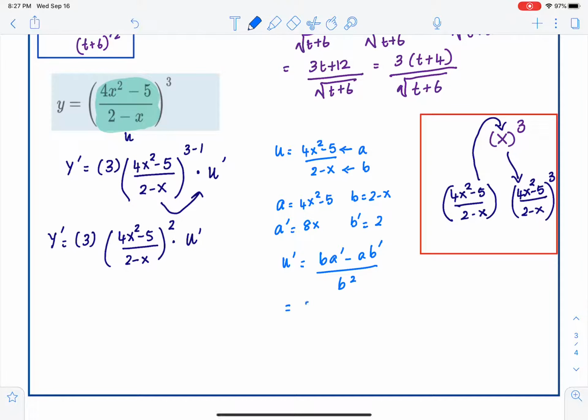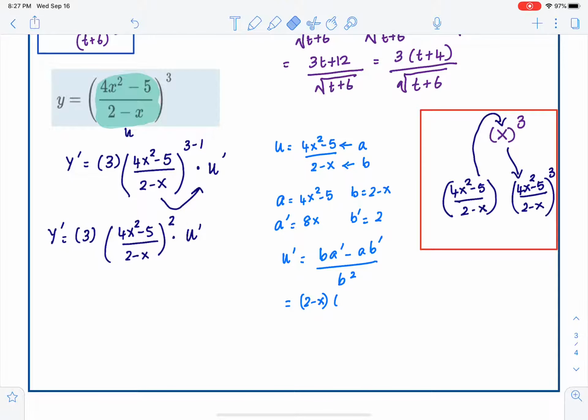So we have 2 minus x multiplied by 8x minus 4x squared minus 5 multiplied by 2 divided by 2 minus x squared.